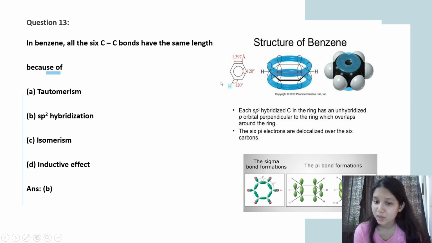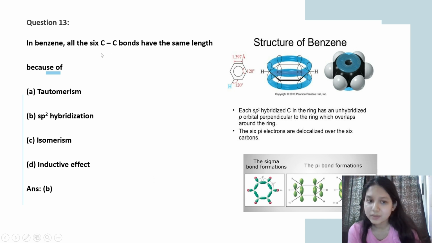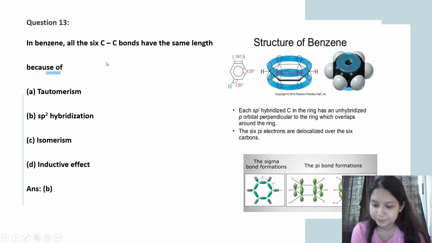So 6 pi electrons are delocalized over these 6 carbon atoms, governed by this pi interaction present between the unhybridized p orbitals. Thus the answer is sp2 hybridization present in benzene, which dictates the same length of carbon-carbon bonds.